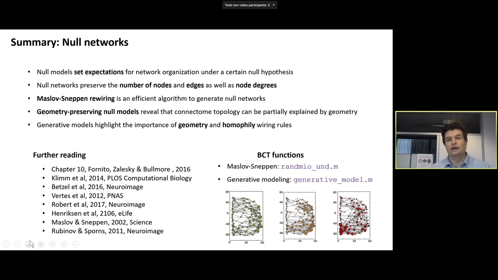This is often contextualized in terms of fiber length, or connection length. I've also covered the related concept of generative models and shown that both geometry and homophily play a key role in evolving connectomes in silico. If you're interested, the BCT functions for Maslov-Sneppen rewiring and generative modeling are provided on the bottom there.